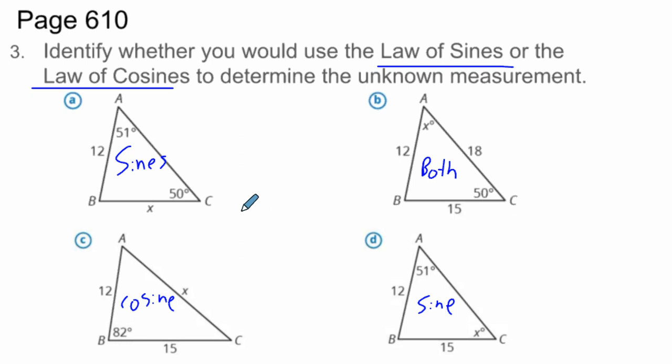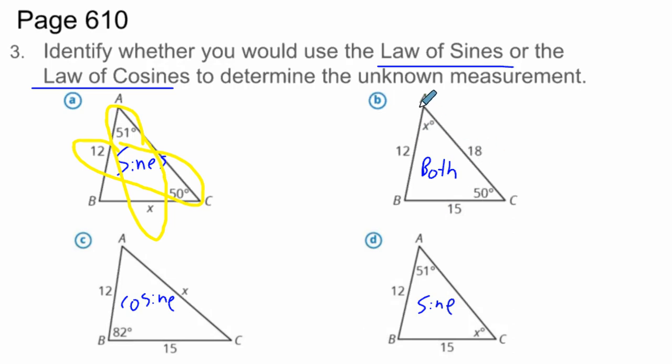Welcome back. So here I have a pair, an angle across from a known side, and then I have an angle across from an unknown side. So that's going to be law of sines. Here I have two angles. Each of them is across from a side, but I'm also given this extra side here.